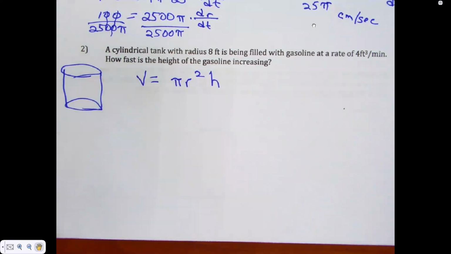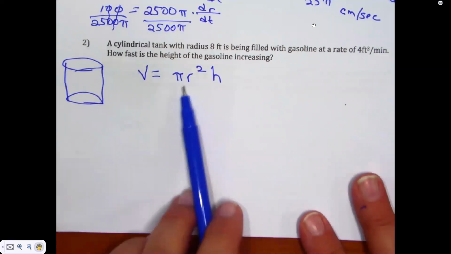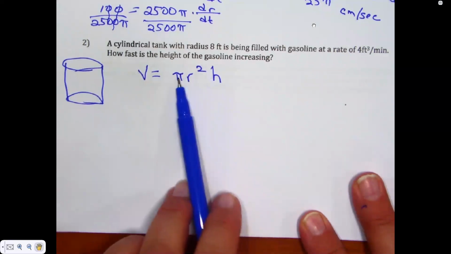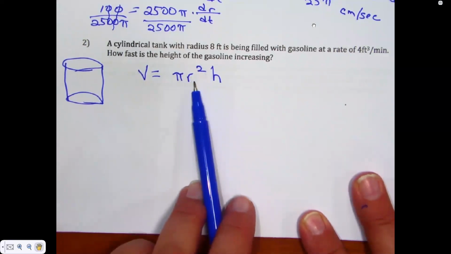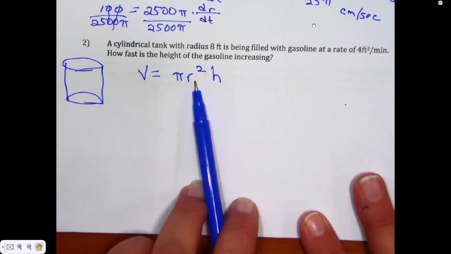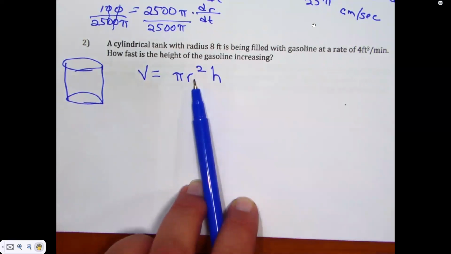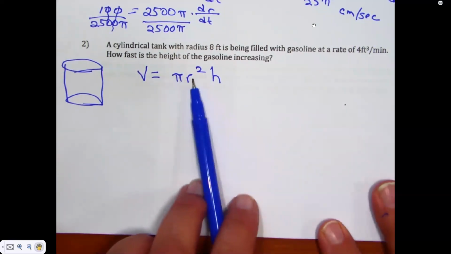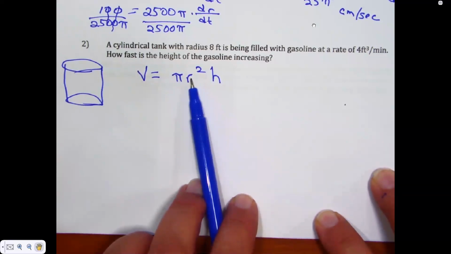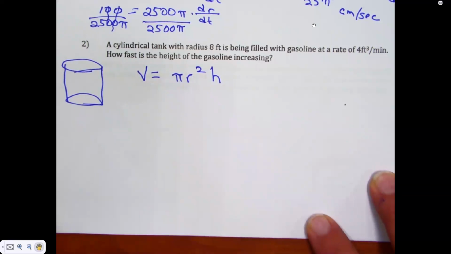Actually, let's go with the area. Yeah, the area of the base, pi r squared. What's that radius that's never going to change? That's the word I was thinking. The area of the base is fine, I like it because that includes the radius. The radius is always going to be 8. So let's take advantage of that.